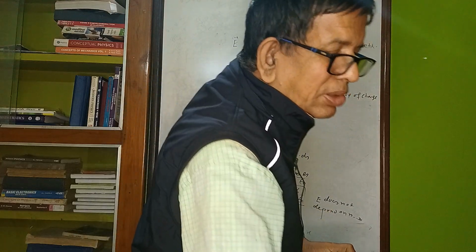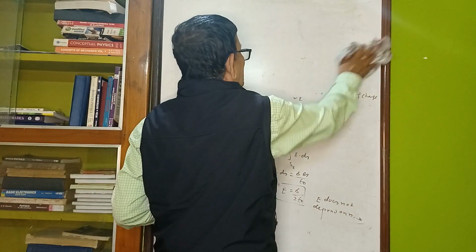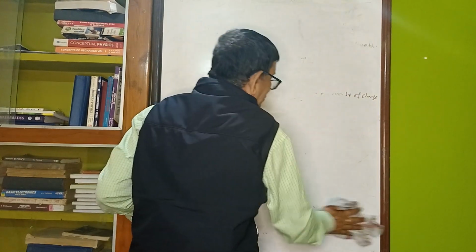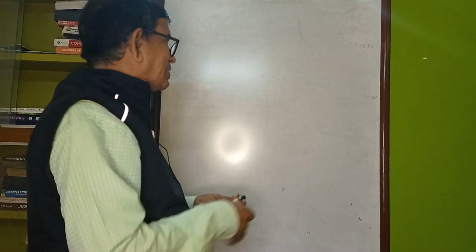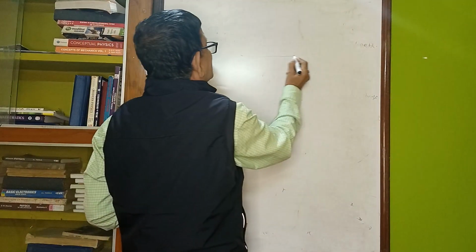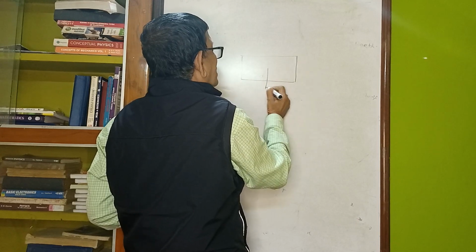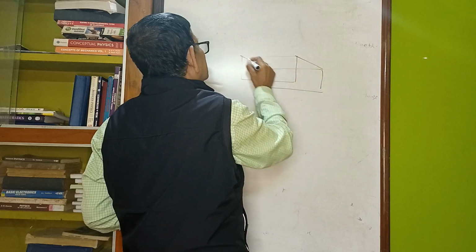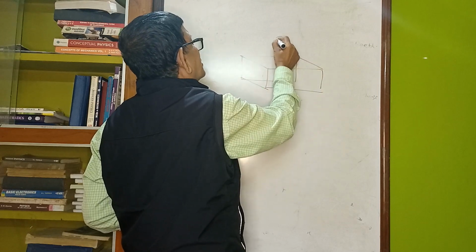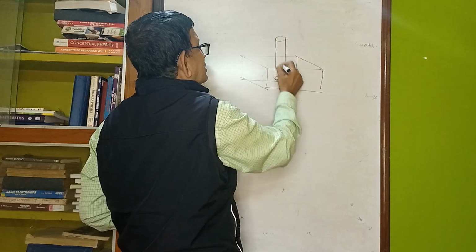Last one. Now any student can ask me what the electric field is for a conducting slab. In that case, very interesting. For a conducting slab, you know, charge resides at the surface. So if you consider a conducting slab and draw the Gaussian surface, clear?